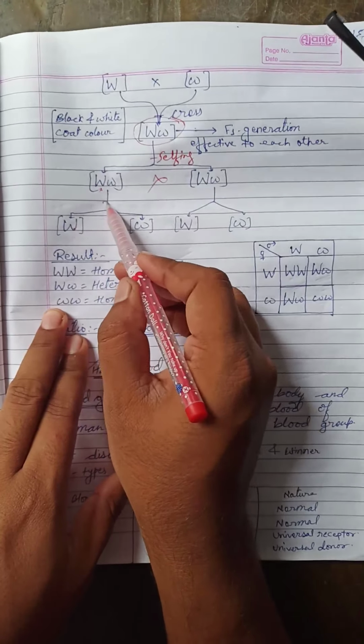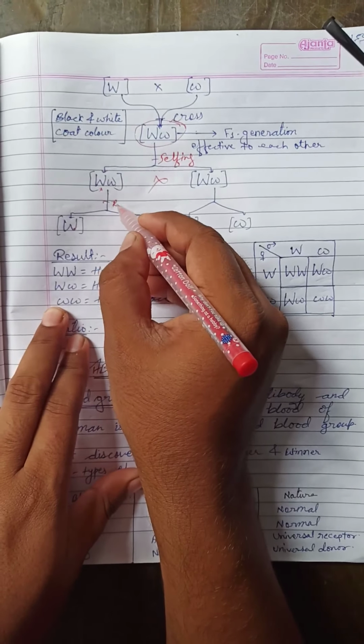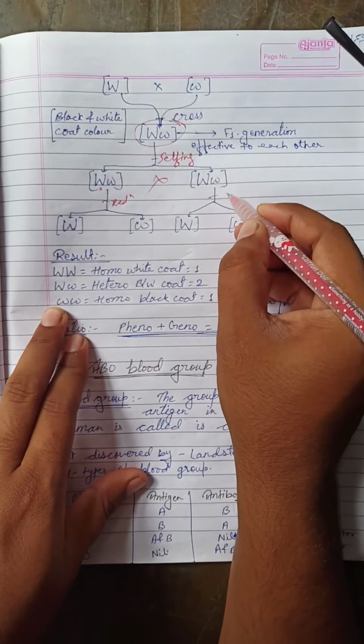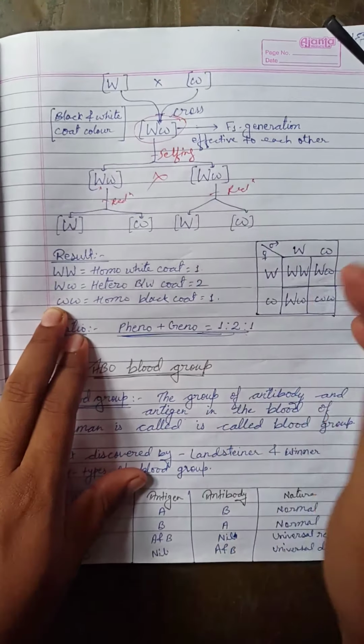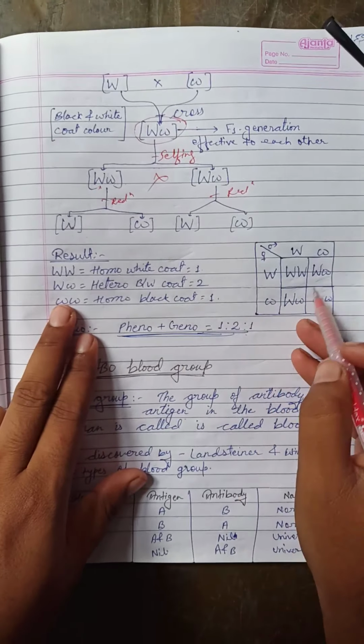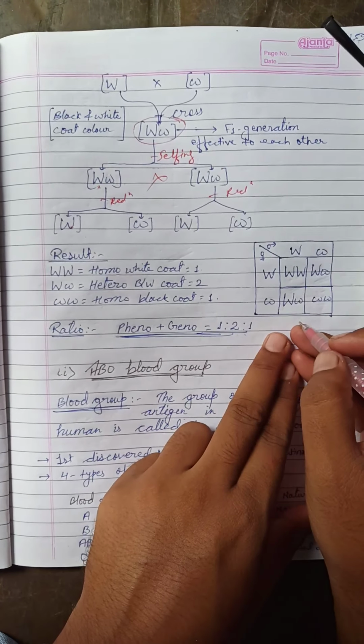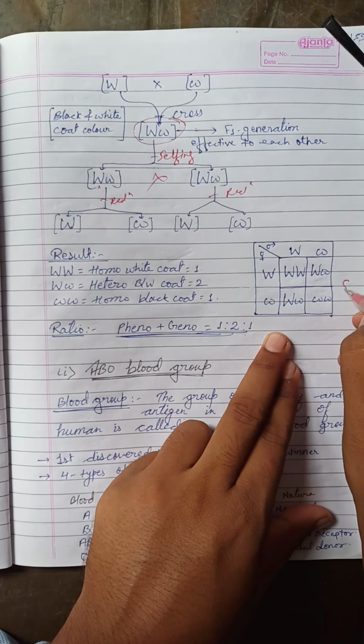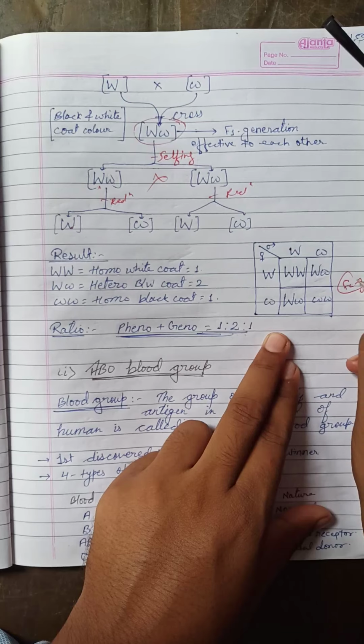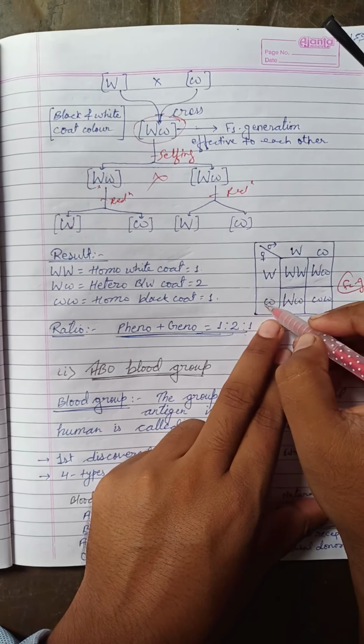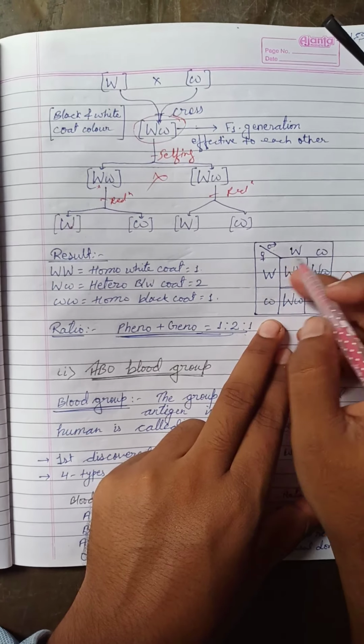It will produce two different gametes, that is a reduction, and it also produces two different gametes. And look at here about the products of the F2 generation. This is the male, that is bull, and this is female, that is cow.